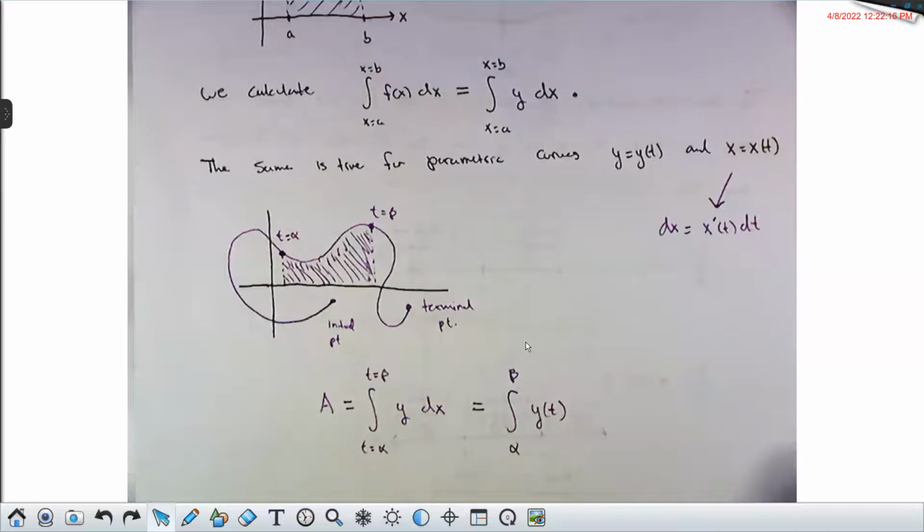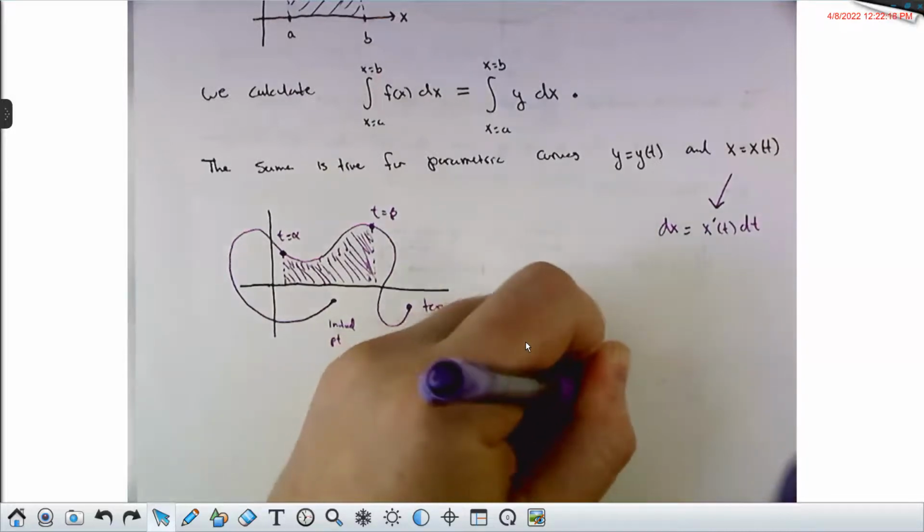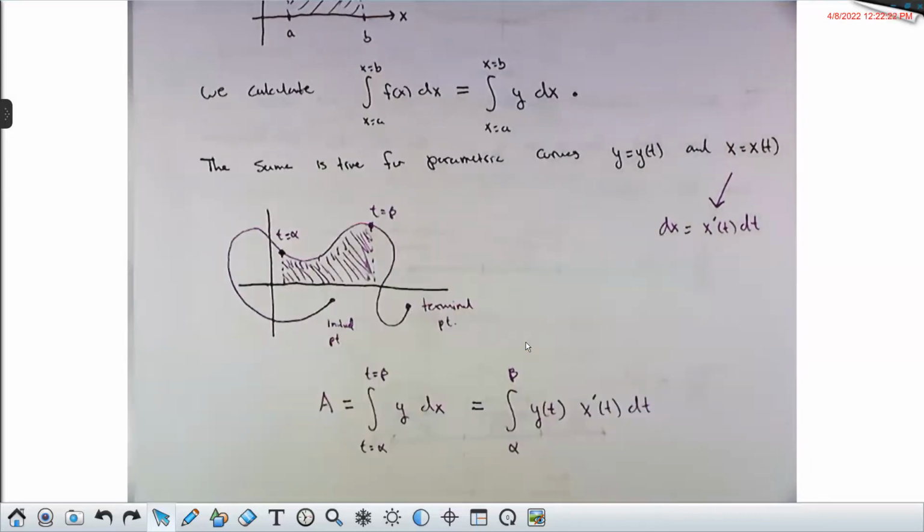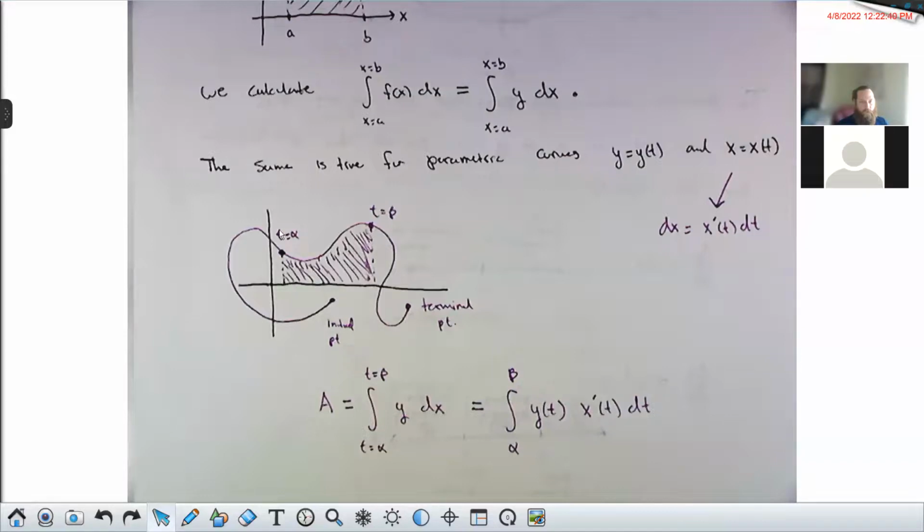So your dx here is x prime of t times dt. So this is your formula to find the area bounded by a parametric curve and the x-axis, like so.